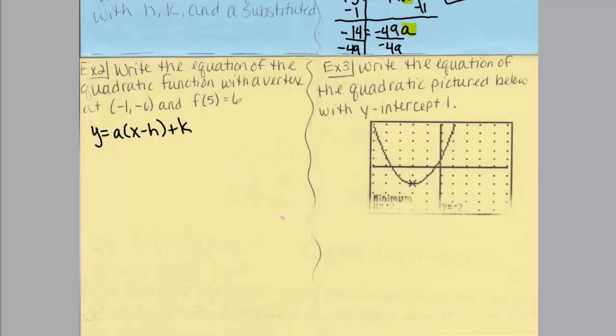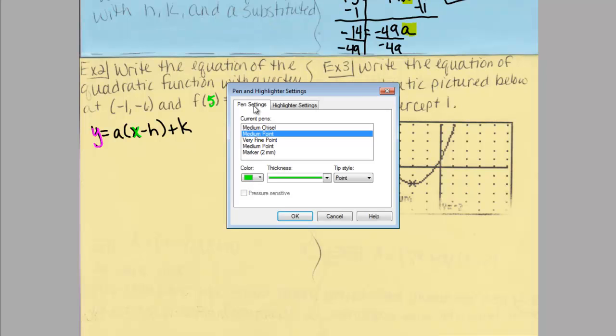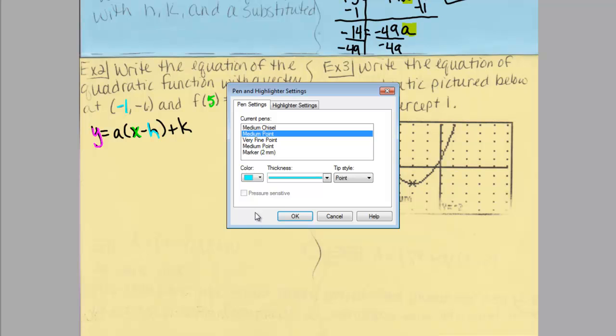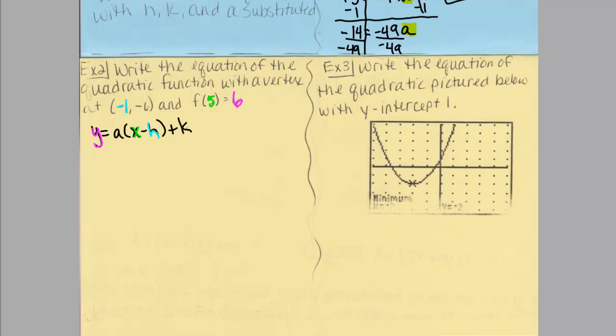Let's color code. y is 6, x is 5, h is -1. If you notice, I only highlighted the h, not the minus. That minus will always be there unless we need to change it. And then the k, same thing with the plus.